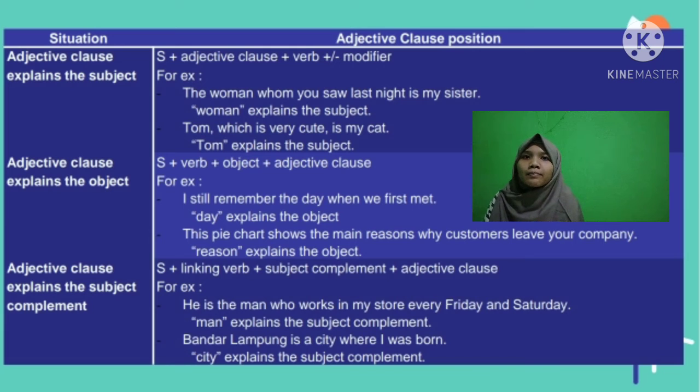The next example is: Bandar Lampung is a city where I was born. Bandar Lampung is the subject, is is the linking verb, a city is the subject complement, then where I was born is the adjective clause, which describes the subject complement, a city.